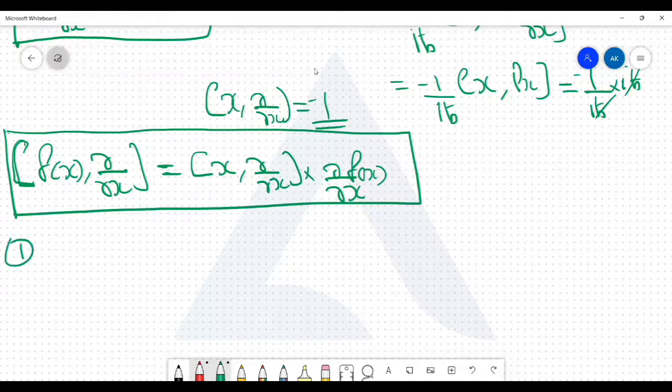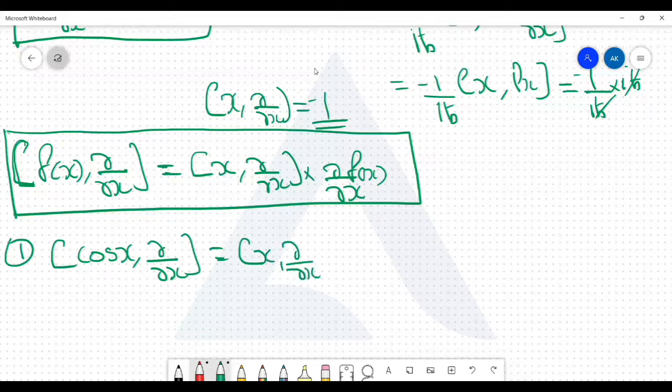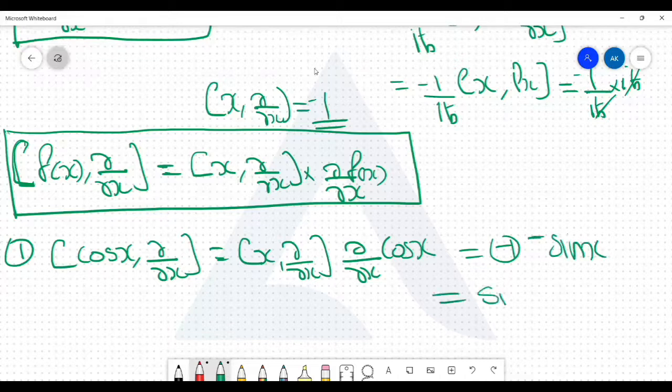For example, you have something like cos x d/dx. You have to first take x with ∂/∂x of cos x. x with ∂/∂x is simply minus 1, into the derivative of cos x, which is minus sin x, and our answer will be sin x.